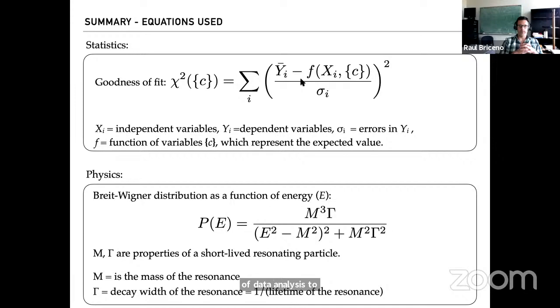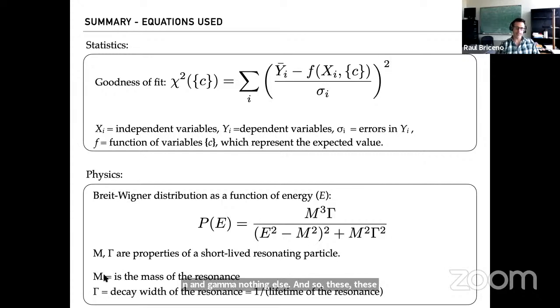To play around with some data, we've motivated the use of Breit-Wigner distributions in particle physics and in resonant phenomena of all kinds, though in this case really just particle physics. This is a 2-parameter distribution which depends on M and gamma, nothing else. These parameters have physical meaning.